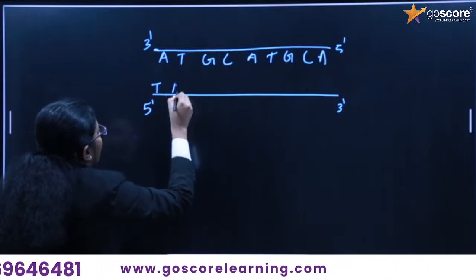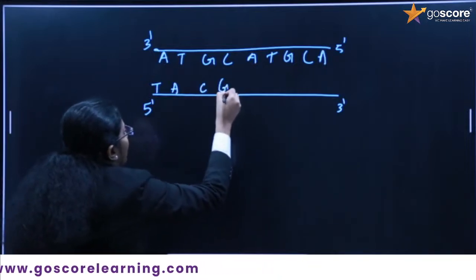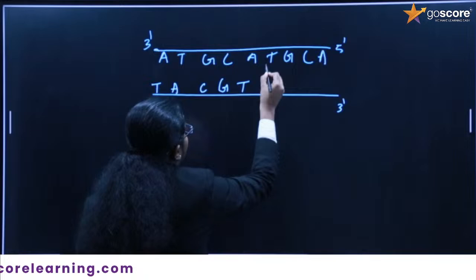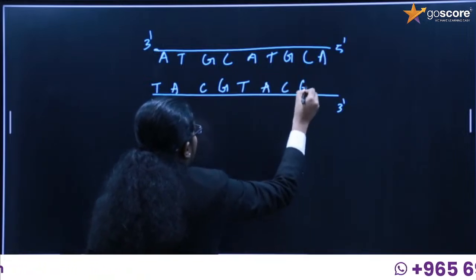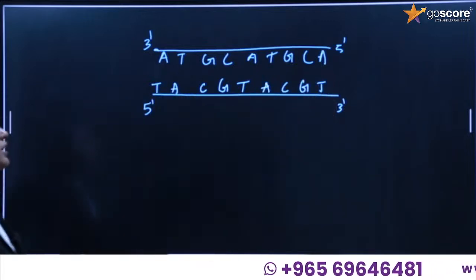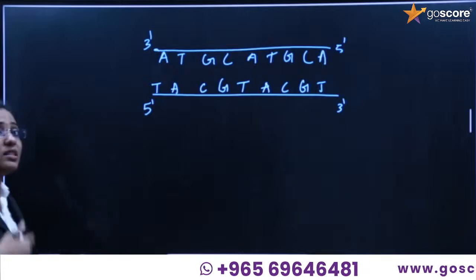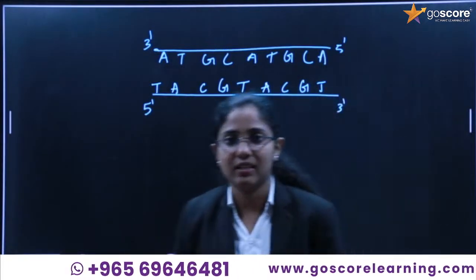Thymine pairs with adenine. Guanine pairs with cytosine. Cytosine pairs with guanine. Adenine pairs with thymine. Thymine pairs with adenine. Guanine pairs with cytosine. Cytosine pairs with guanine. Adenine pairs with thymine. So this is the DNA strand which is going to undergo transcription.